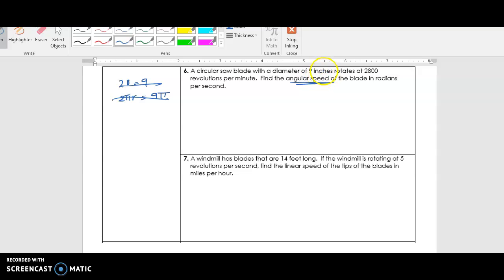But look at 2800 revolutions per minute, and he wants the answer in radians per second. So the goal is radians per second.